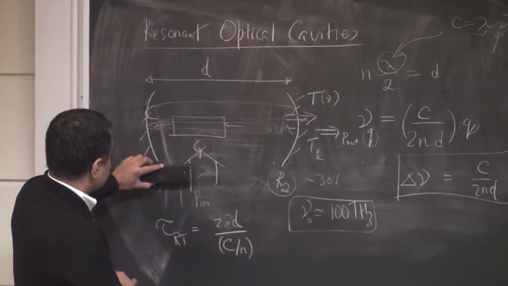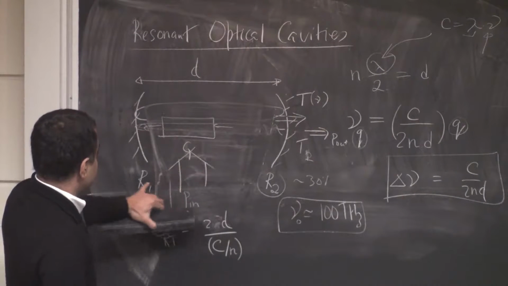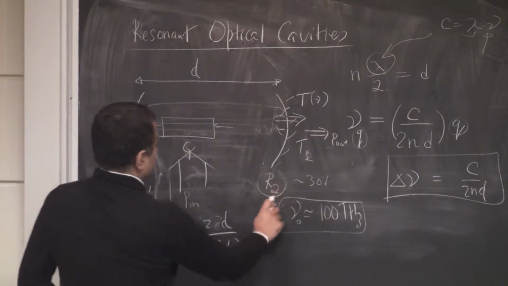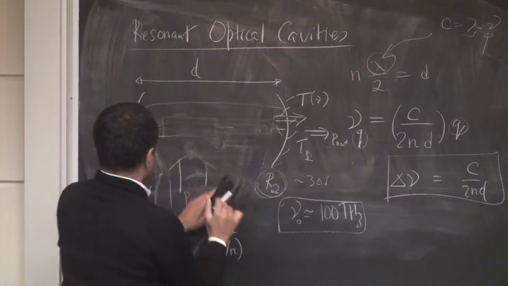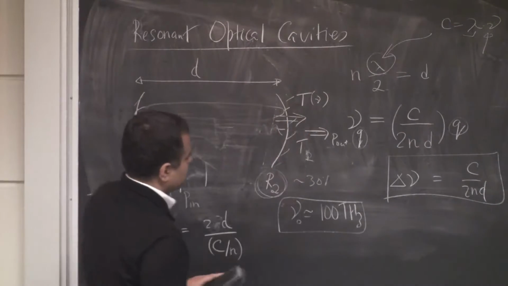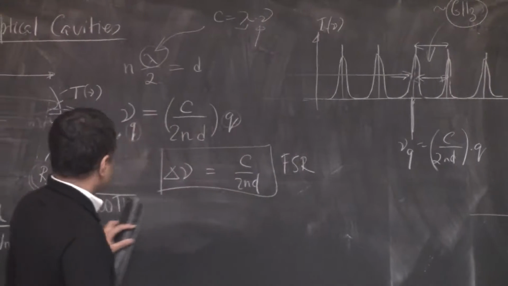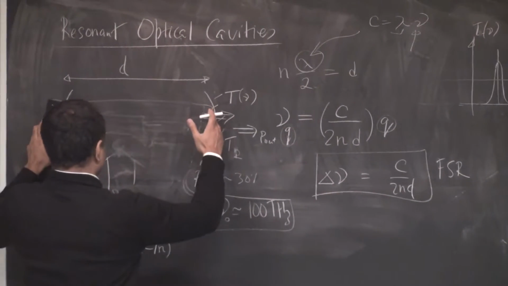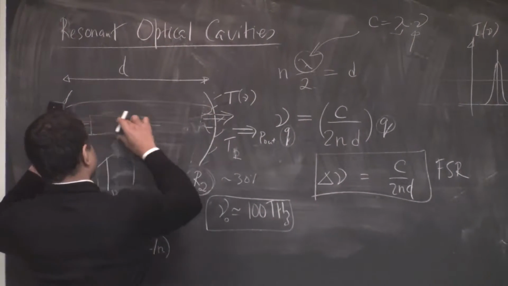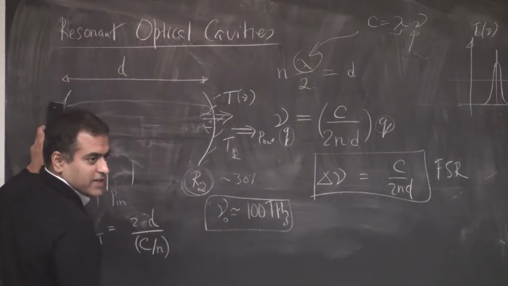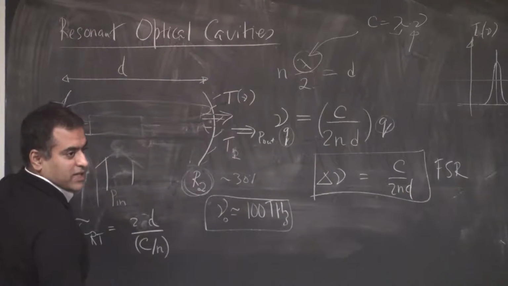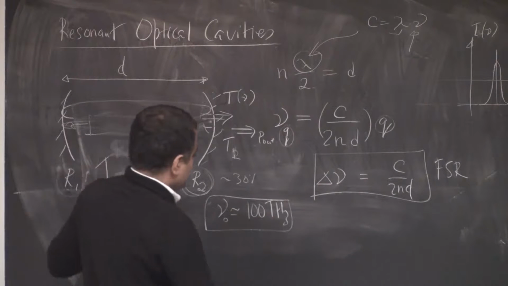A couple of things. We can define losses instead of saying R1 and R2. Let's forget the gain term for a second; over a distance d, we define a loss per unit length. Imagining I don't have mirrors like that, but a uniformly lossy medium, what is my loss per unit length? If the wave is going through, that's rather straightforward.